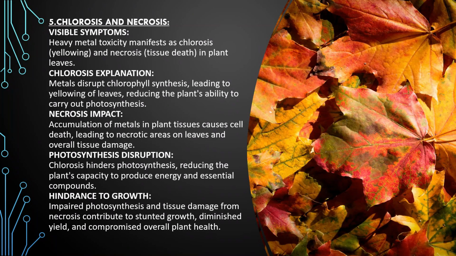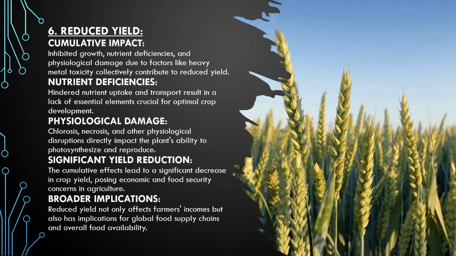Chlorosis hinders photosynthesis, reducing the plant's capacity to produce energy and essential compounds. Hindrance to growth. Impaired photosynthesis and tissue damage from necrosis contribute to stunted growth, diminished yield, and compromised overall plant health.